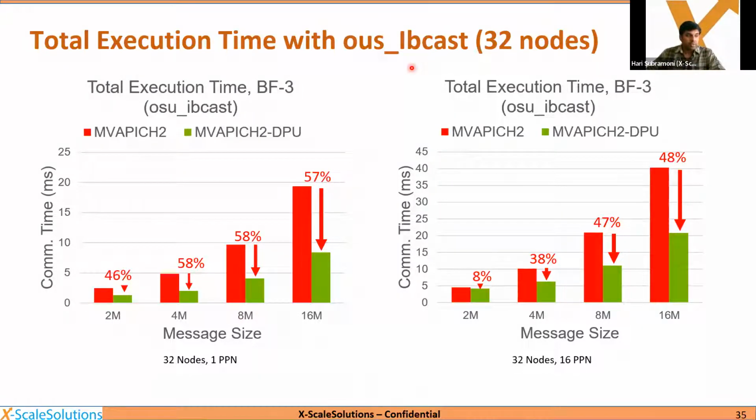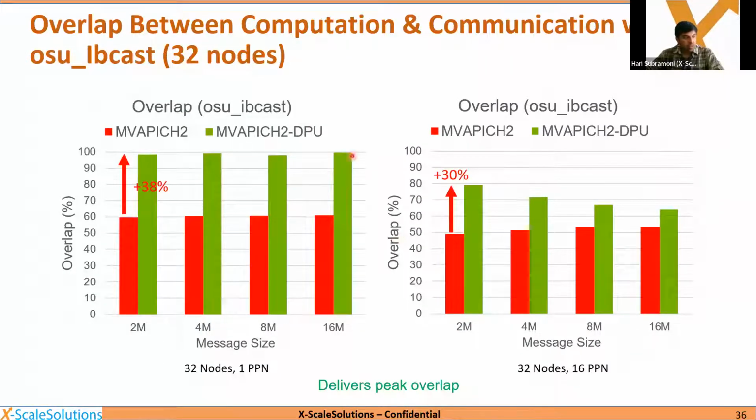Here we again first compare the overall execution time, the compute plus communication time, and show how overlapping computation and communication significantly brings down the execution time at 32 nodes with 1 process per node and 16 processes per node. And later we also show the kind of overlap that we are able to get. As we can see, we are able to get significantly higher overlap with the DPU-based solution as opposed to the basic host-based solution.